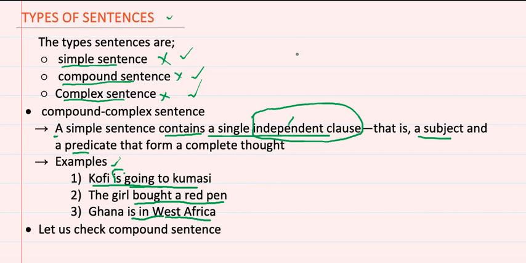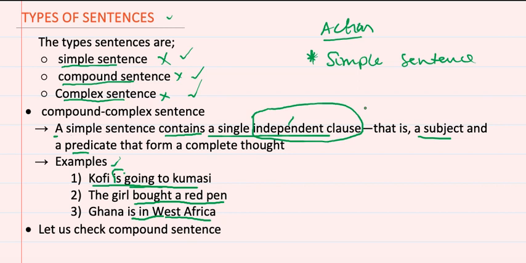And what we need to do, in our essays, is to try as much as possible to use simple sentences at our level. It is easy to write a simple sentence. You can easily refer to your simple sentence and know whether you are wrong or correct. But you should blend simple, compound, and complex in your sentences. You have to blend them.